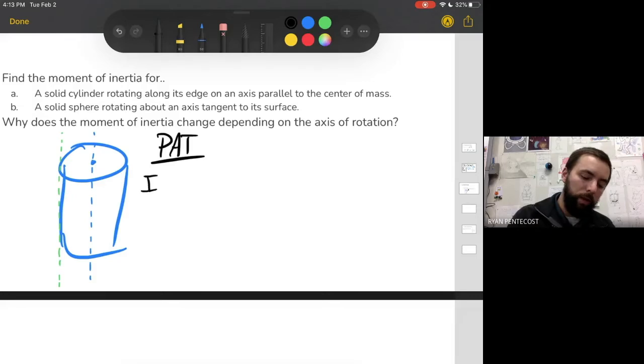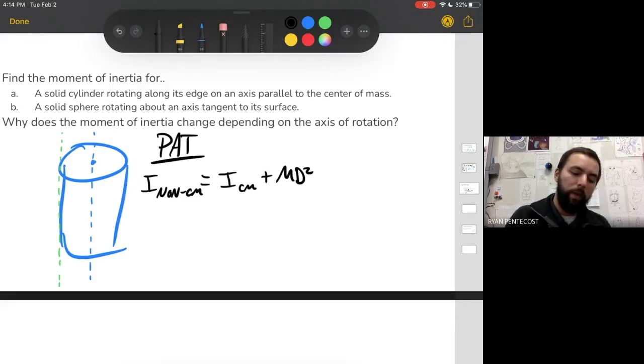You've got I off a non-center of mass axis. You take the center of mass moment of inertia plus md squared, right? That distance here is just the radius of the cylinder, right? And the cylinder's moment of inertia is in terms of radius. That is mr squared over 2, right?